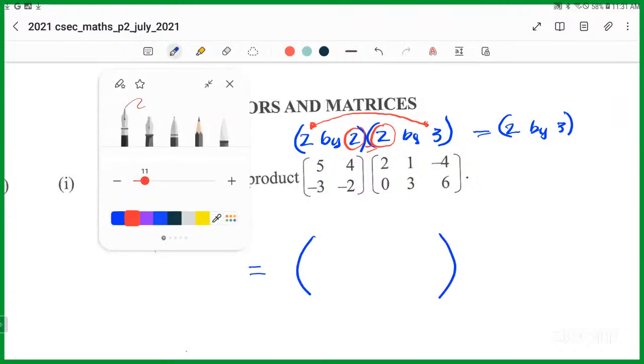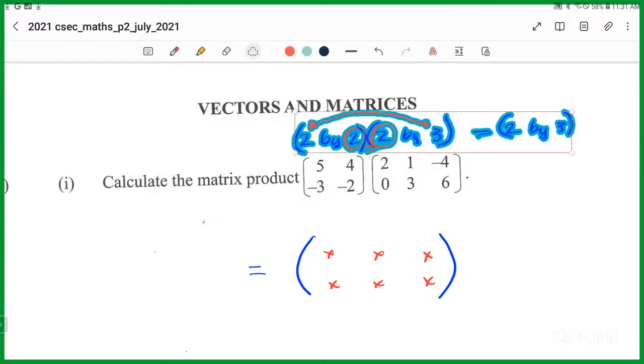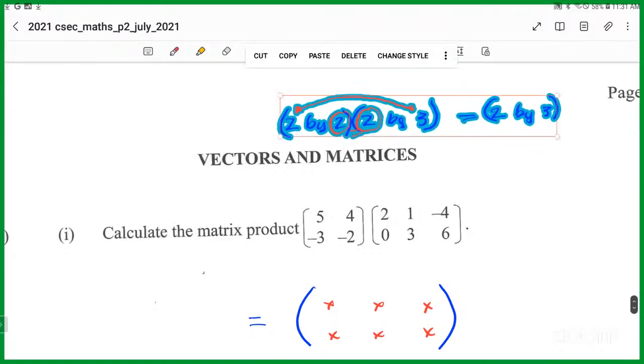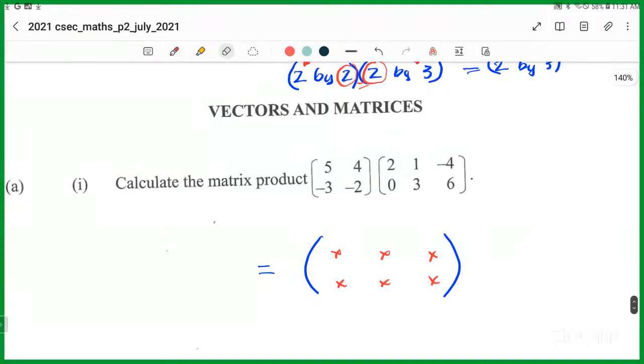So it's going to have 2 rows but 3 columns. So same process again. Let me move this out the way so it's a bit clearer. This value right here is in the first row, first column.